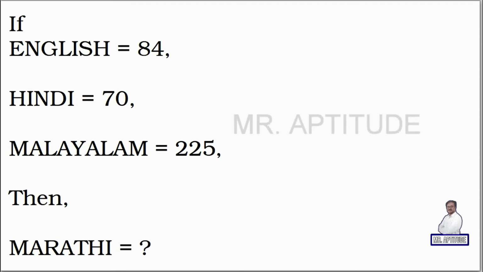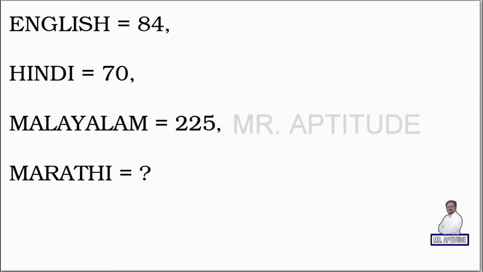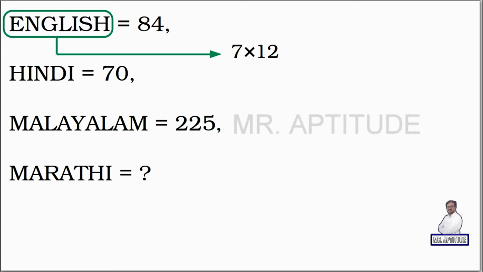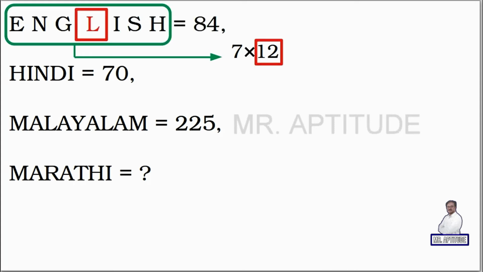Is 84 a multiple of 7? Yes. 7 12 times. The number of letters present in the word English is 7 and 84 can be written as 7 into 12. 12 is nothing but the place value of the middle letter present in the word English.